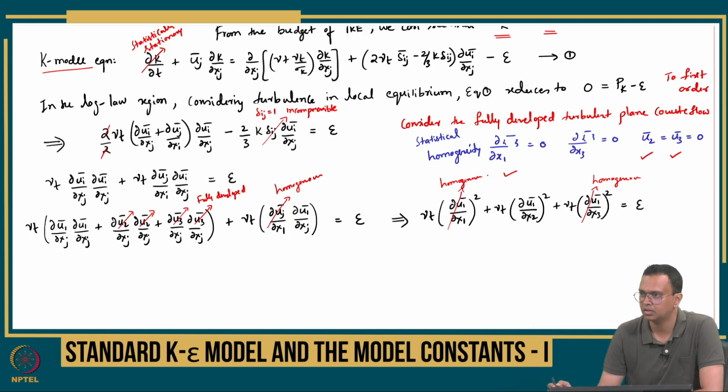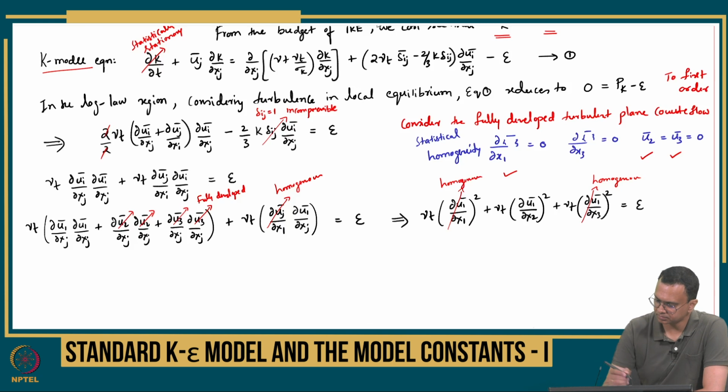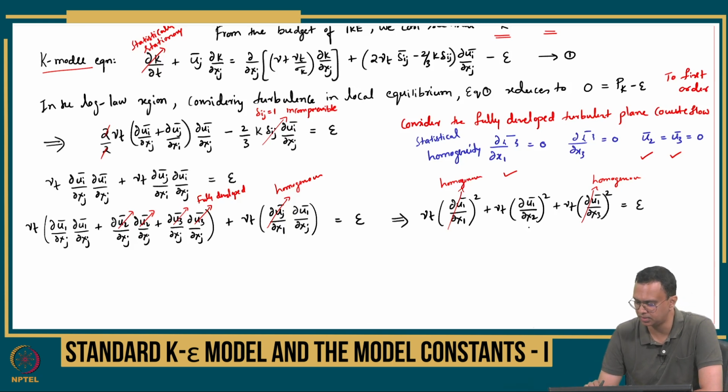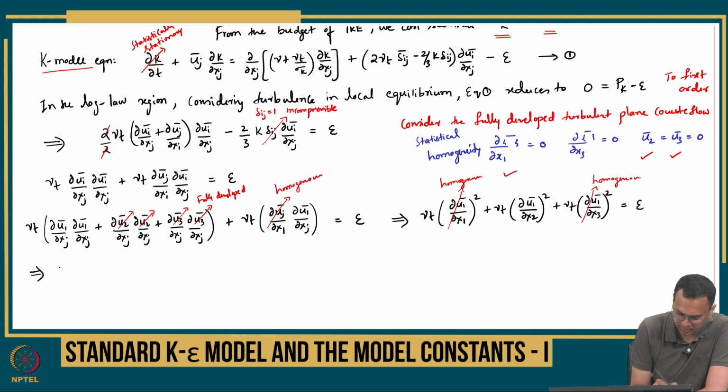Turbulence is in local homogeneity in these two directions. So essentially I get only one term. Colloquially, this is ∂u bar/∂y, if y is the wall normal coordinate. So I can write this as μ_t (∂u bar/∂y) squared equal to epsilon.